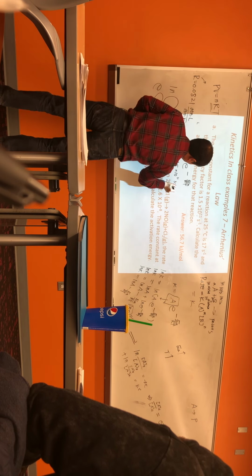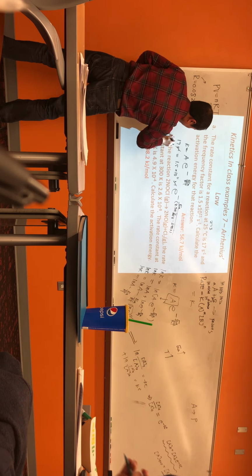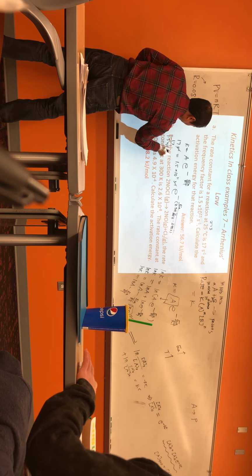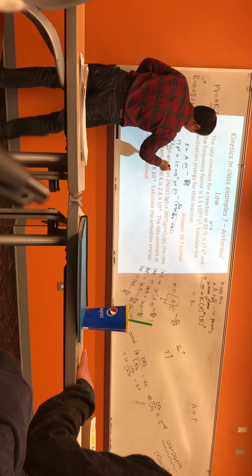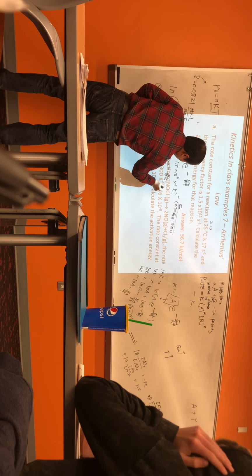Ea is the activation energy, R is 8.314 joule per mole per K. Temperature is 25 Celsius, which means if you add 273, you get 298 Kelvin. So from here you could use 17, and this unit will cancel. Divide by 1.5 times 10 to the 11, equal to e to the negative Ea over 8.314 times 298.